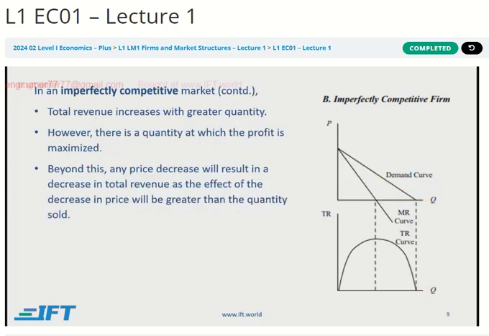So total revenue increases with greater quantity, as you can see, up until a point where it is going to then start coming down. So there is a quantity at which the profit is maximized, and we will talk about that later once we bring in the cost curves. But what we want to first understand is how total revenue is maximized and then starts coming down.